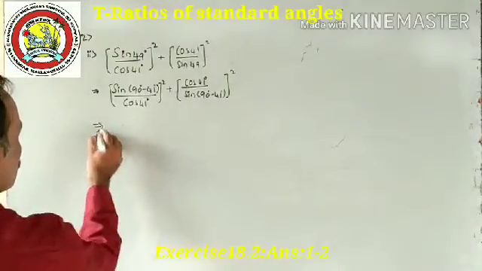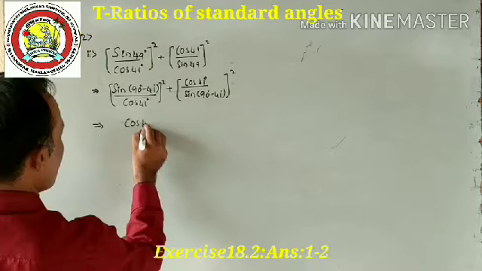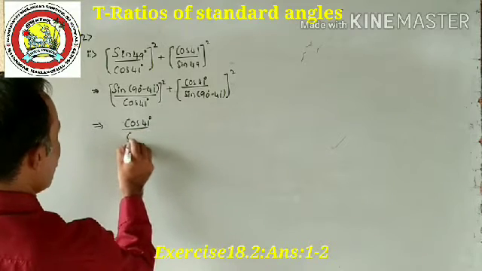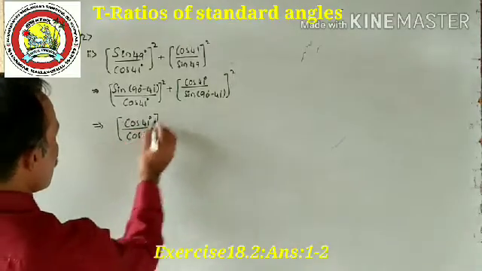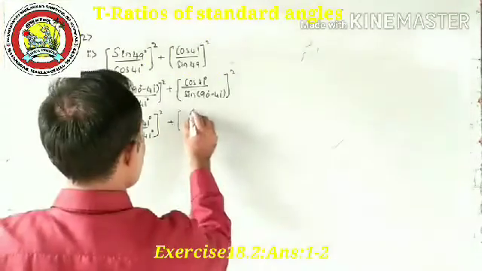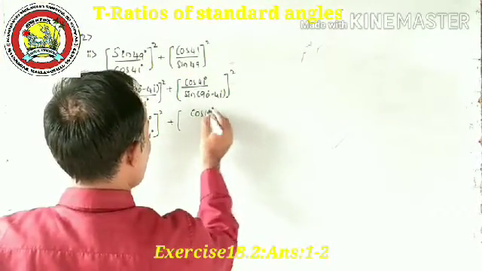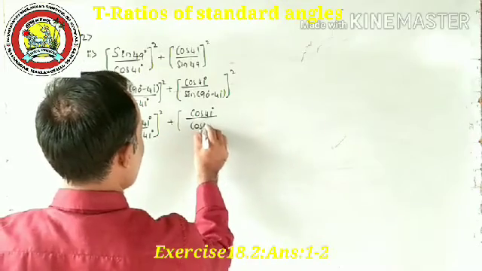So sin (90 minus theta) is cos theta, with theta value 41 degrees, divided by the denominator cos 41 degrees, whole square, plus here also cos 41 as it is divided by sin (90 minus theta), that is cos theta.